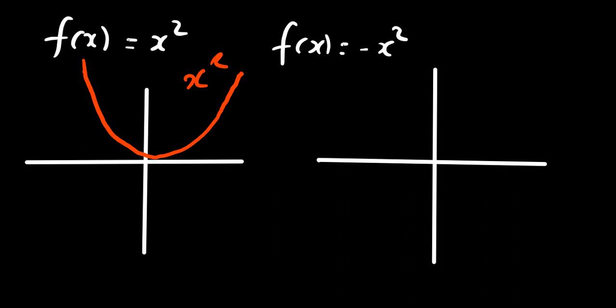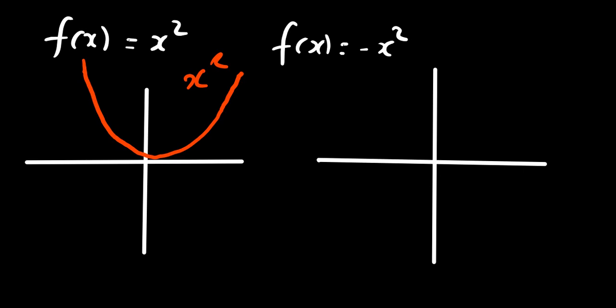Now let's solve more graphs. What if you're asked to graph f(x) = x², and now let's put a constant, let's say a constant 2, like that. How is the graph going to look?